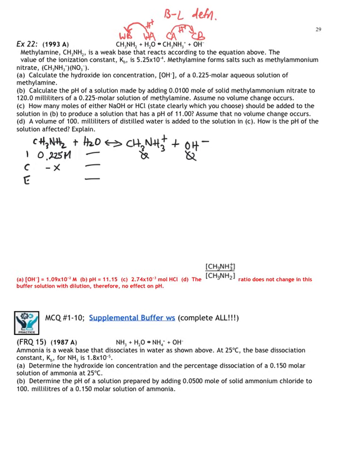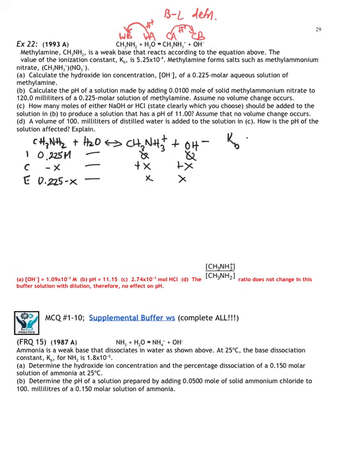It doesn't tell me my percent ionization, though it does give me the Kb constant, so I can figure out how much ionizes at equilibrium. So some of this reacts to form these two substances. In the end, at equilibrium, I have this amount, 0.225 minus x, and then x and x.